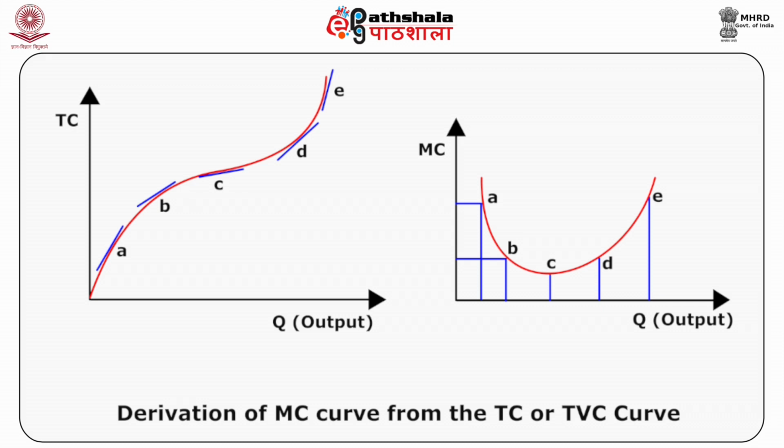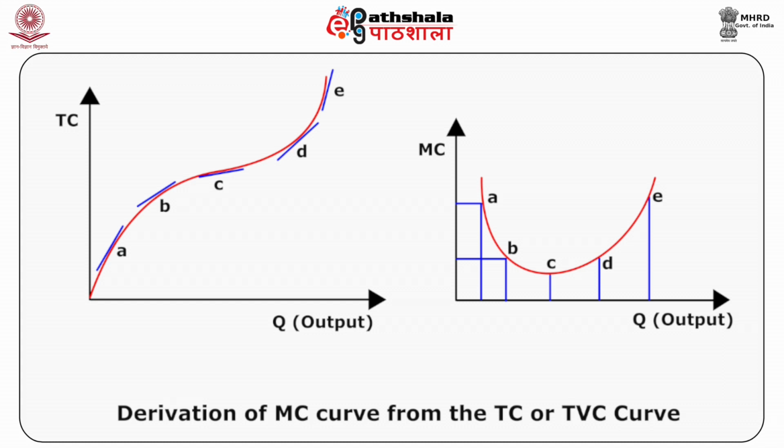Look at the right hand panel. In the right hand panel, you will see that at point A, the marginal cost is the highest. At point B it declines, at point C it declines further. But at point C, if you look at the left hand panel, you would find that the slope of that small blue line is actually parallel to the x-axis, which means the slope is 0.